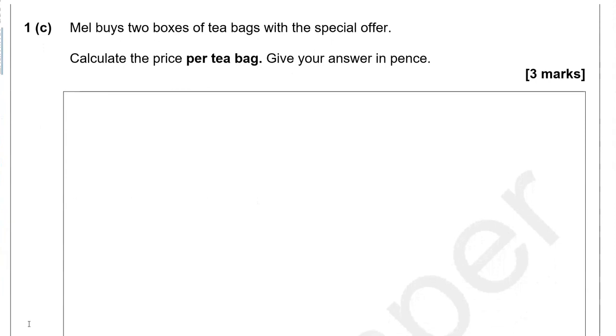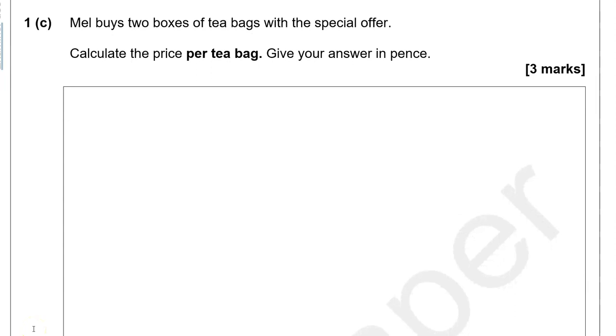Mel buys 2 boxes of tea bags with a special offer. Calculate the price per tea bag. Give her answer in pence. So she's bought 2 boxes of tea bags.